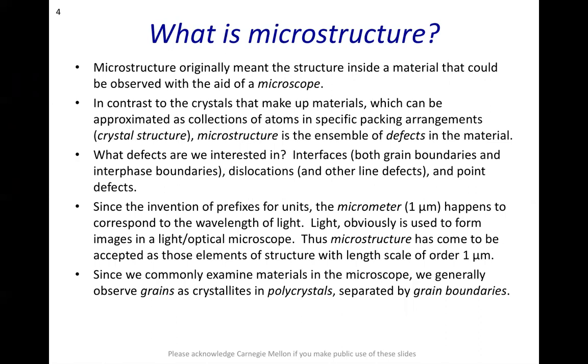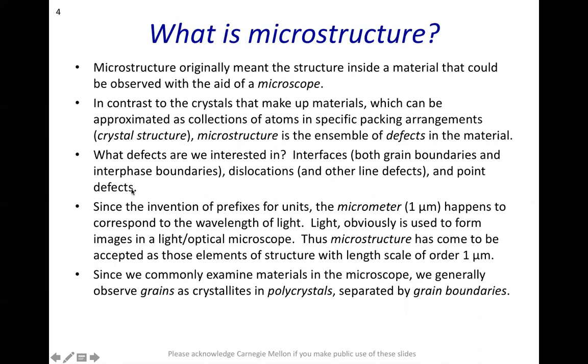If we think about microstructure in a design sense, what we really want is the ensemble of the defects in the structures. What defects are we interested in? Interfaces, right? Grain boundaries, interface boundaries, dislocations, and point defects.